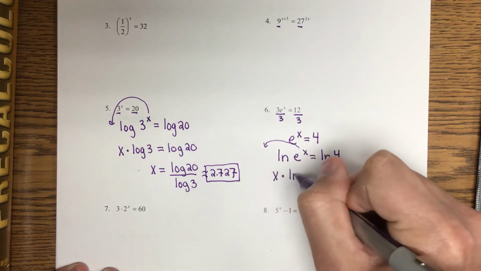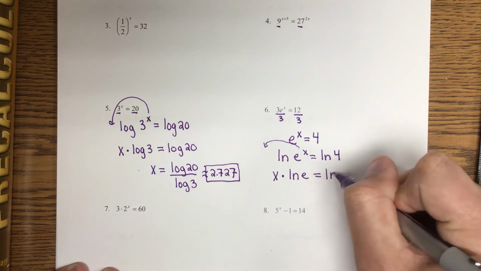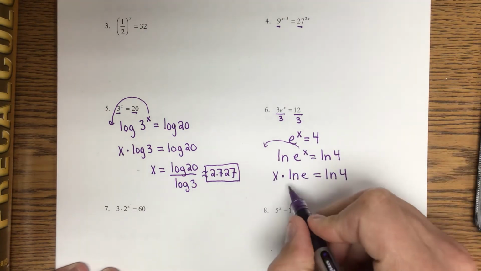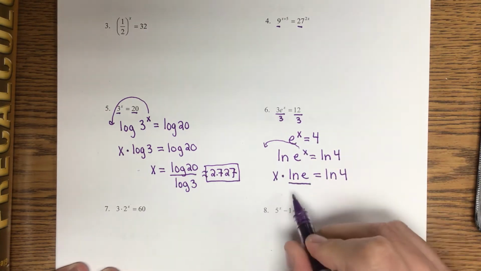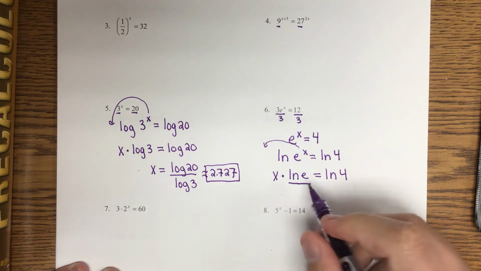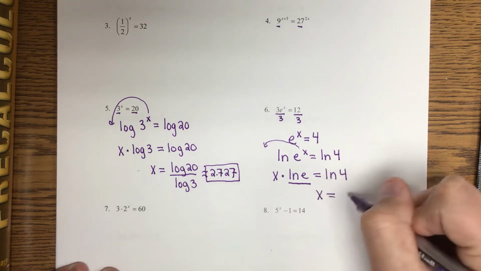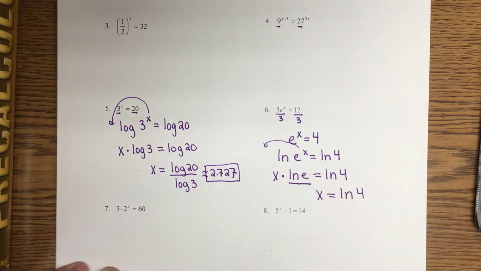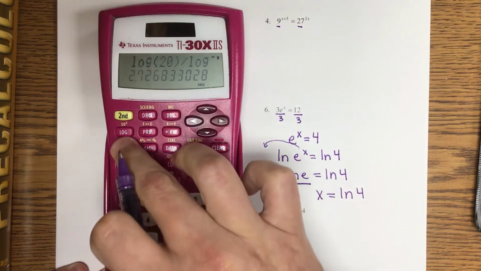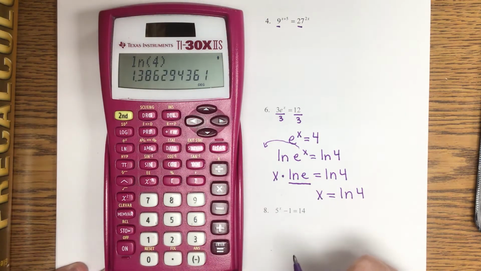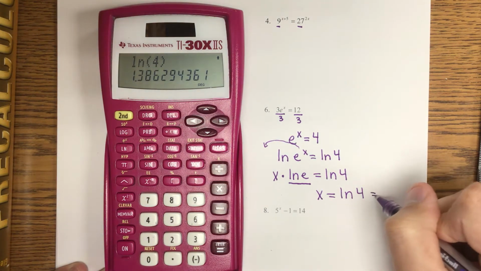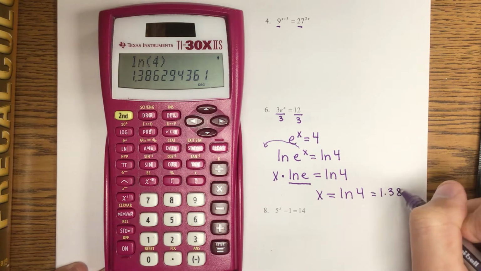So this will be x times the natural log of e equals the natural log of 4. The really nice part is, and we talked about this in the notes, the natural log of e is just 1. So then x is just the natural log of 4, which if you type that into your calculator is 1.386.